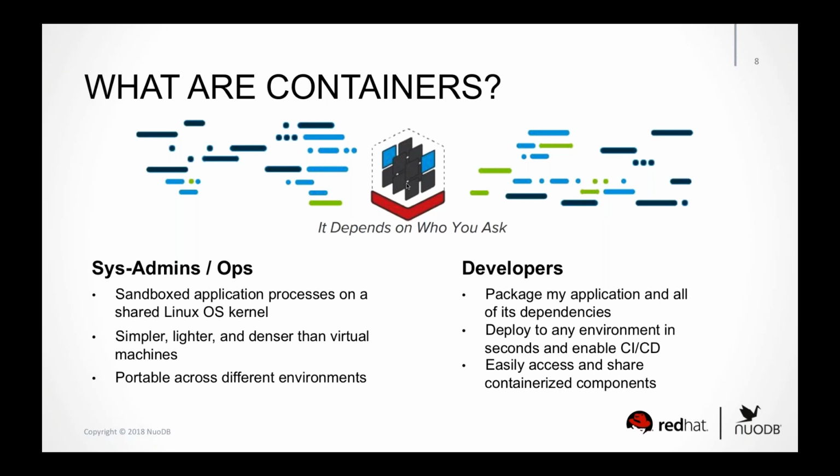That package can be deployed anywhere from my laptop to a production environment or any number of environments in between. Also, we have access to shared images so that we can leverage other people's technologies, including NuoDB, to run a database without having to worry about how we build that. Next slide.